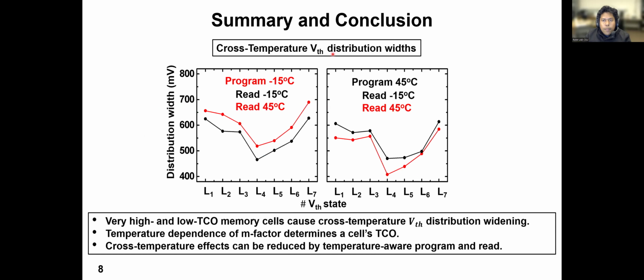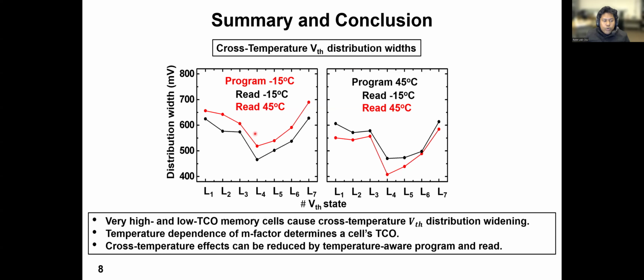In summary, in all the states of a memory page, we observe that the threshold voltage distribution becomes wider when we sense it at a different temperature, which is summarized by these two figures. From both of our experiments, we see that if we sense the memory page at a different temperature, the resulting threshold voltage distribution is always wider than the programming threshold voltage distribution.